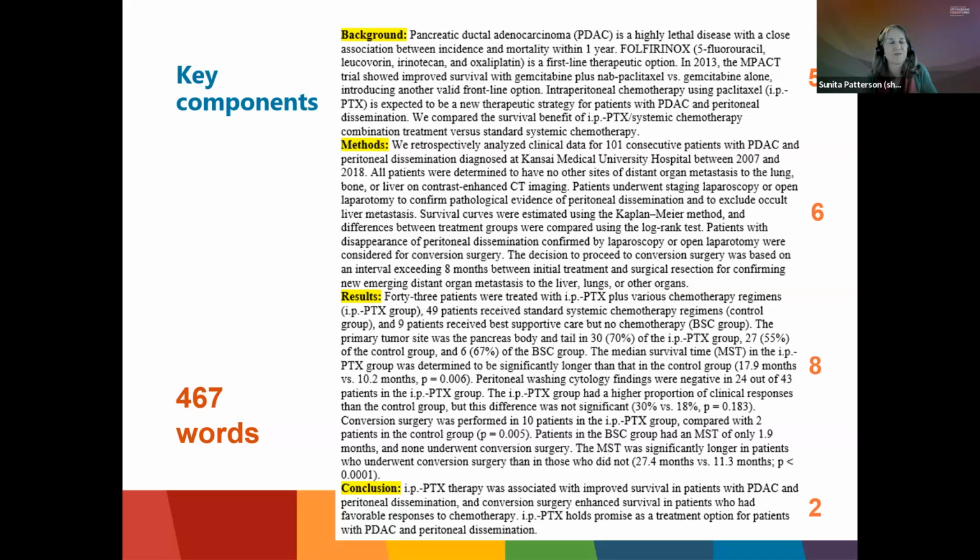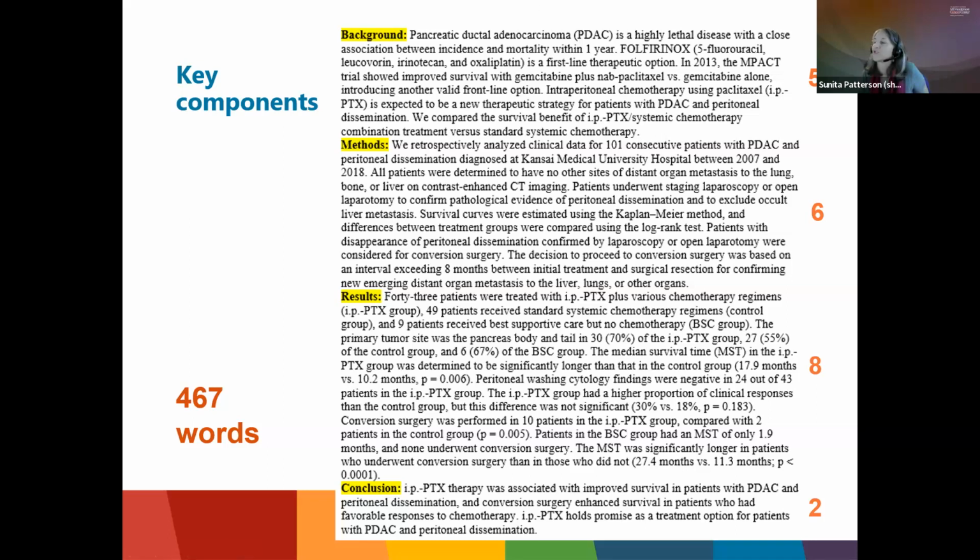Because you're right, the conversion surgery comes up in the methods, but when we first encounter it, it doesn't necessarily feel like it fully belongs. Any other thoughts? Anyone else have any thoughts on whether conversion surgery should be in the title, or ways to approach that?